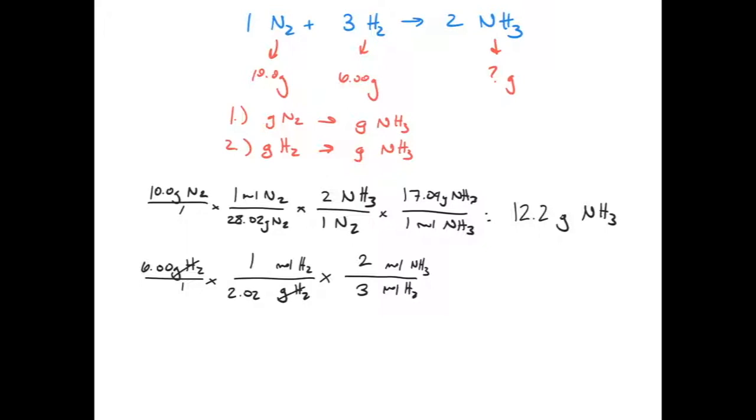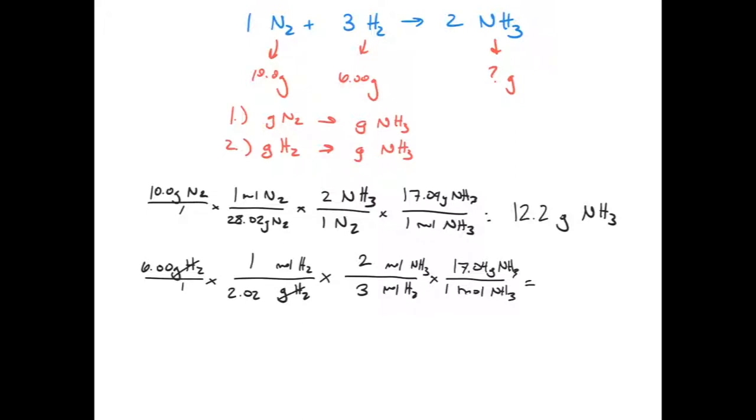The 3 moles comes from the balanced chemical reaction up above. So I finish this off the same way I finished off the other problem, by going from moles of NH3 to grams of NH3 using 17.04 grams per mole.